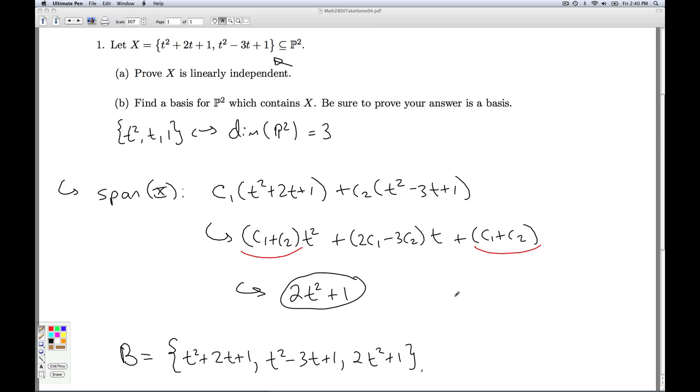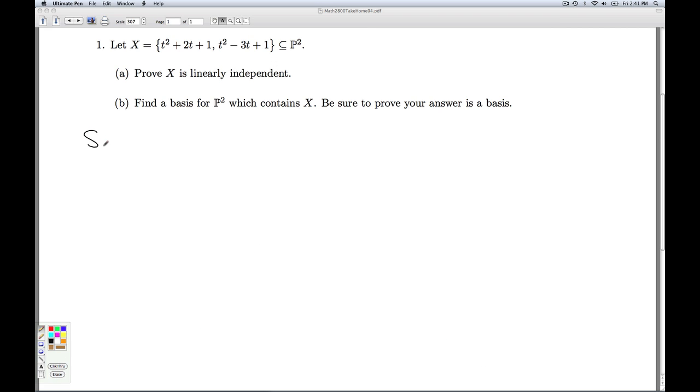And we had a theorem in class that says if u is not in the span of x, then x appended with u is linearly independent. So since 2t squared plus 1 is not in the span of x, x union that is linearly independent.